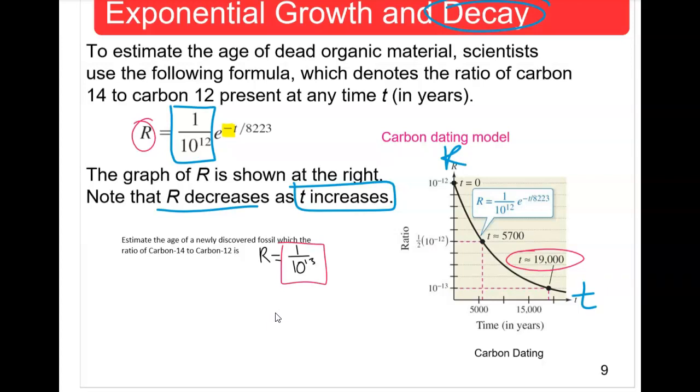So that's what I'm going to do. Substitute that with 1 over 10 to the power 13, and then the rest will remain the same. And what we're looking for is actually the value for t, because we want to estimate the age.